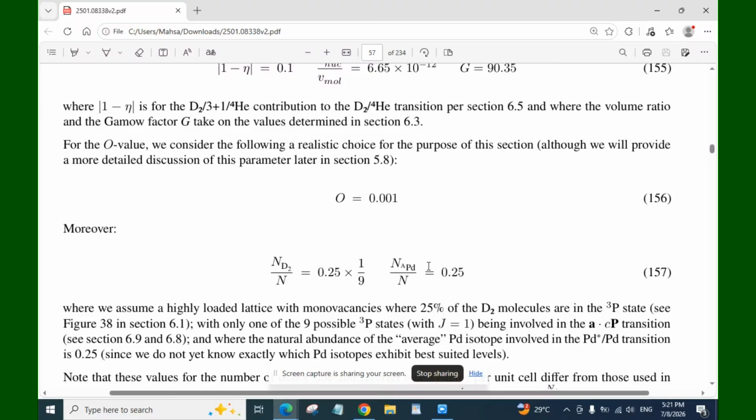For the Omicron value, we consider the following realistic choice for the purpose of these sections, although we will provide a more detailed discussion of this parameter later in section 5.8.